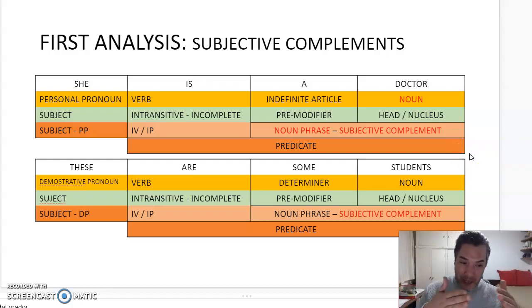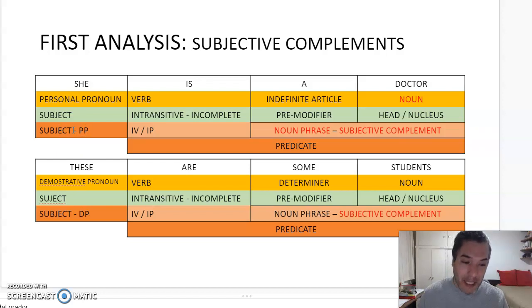And the smaller one would be if you analyze each part, each word of the sentence. For example, if you go to she, she is the subject. The subject is the functional analysis.